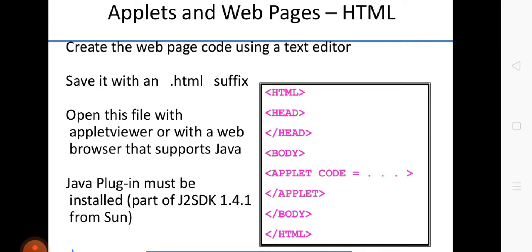Open the file with the applet viewer or with a web browser that supports Java. So once you have written your HTML document and you have placed your applet embedded in that document, you can run it by using a web browser or by using an applet viewer.